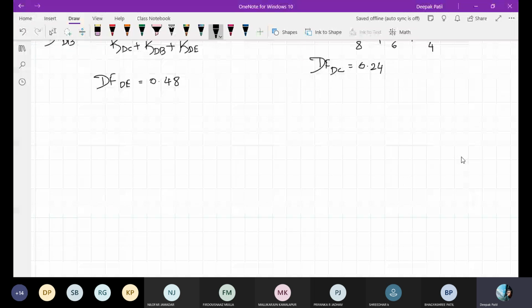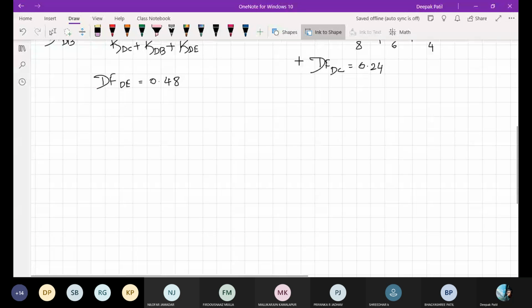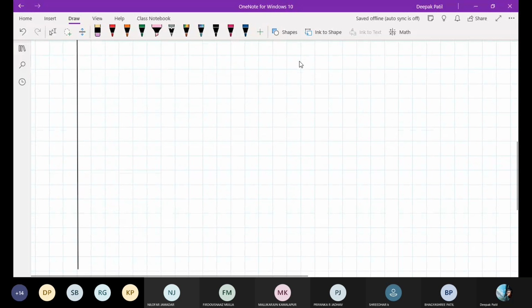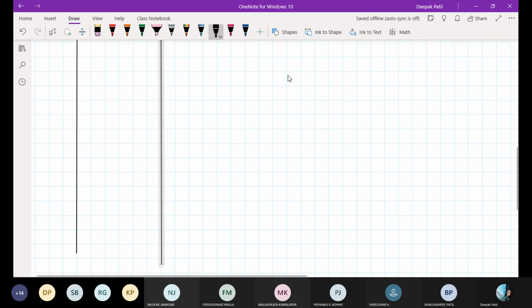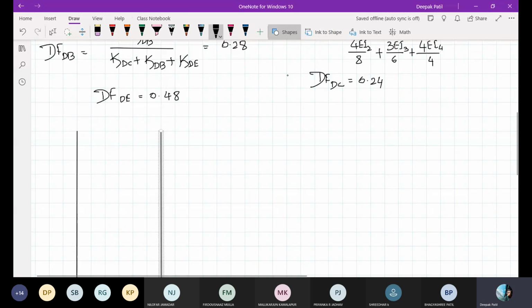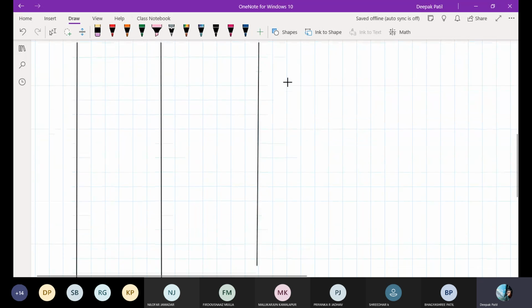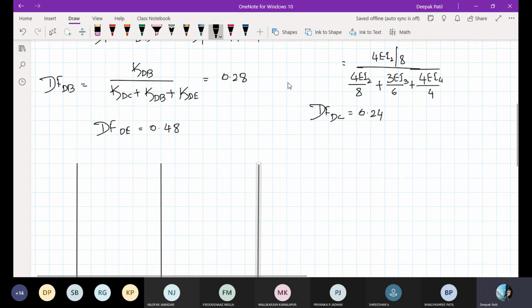Let me draw the table here. So first, I will draw that for A. For A, then I will draw it for C. Then I will draw this one for D. There should be double lines because at D, 3 components are joining.